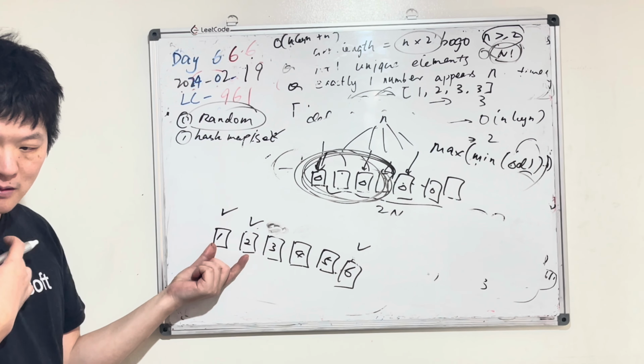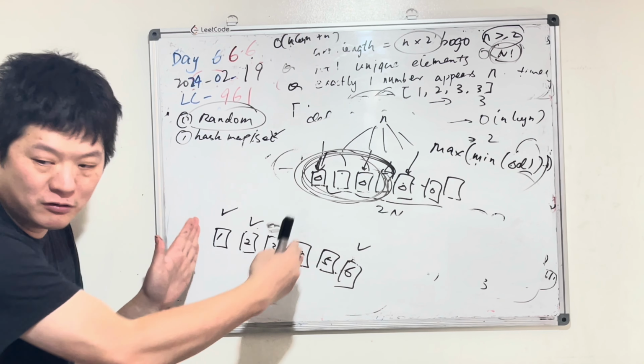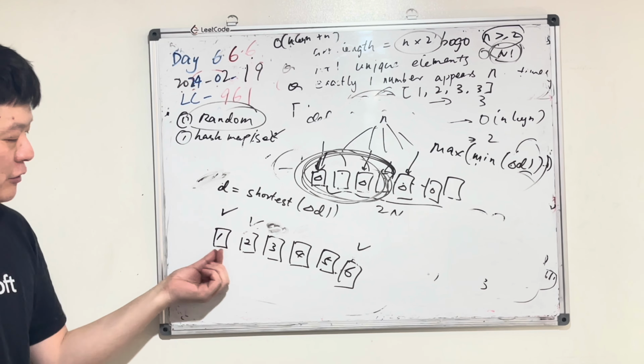There are 2 steps. First of all, get the shortest distance of any 2 pigeons, and I want to maximize this value. Because once we have this max value, then I can check the window. I can maximize the window to check. What's the shortest distance between any 2 pigeons?